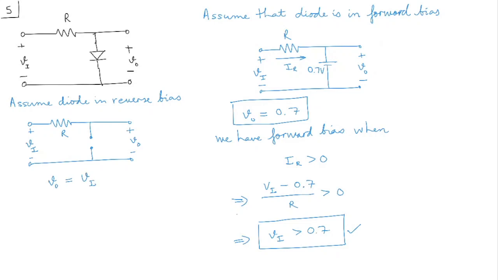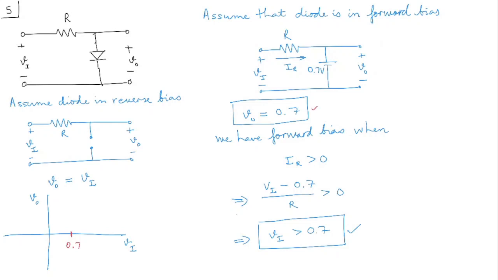Okay, so now we have everything that we need to draw a characteristic of this circuit. So let's draw it like this. Let's say this is Vi and this is Vo. So what happens when the voltage Vi is greater than 0.7? We know that Vo is going to be 0.7.